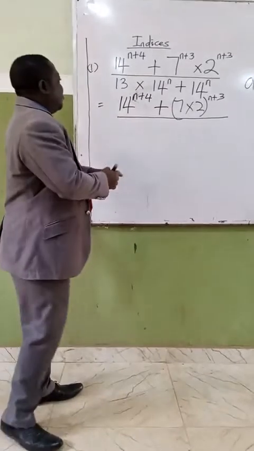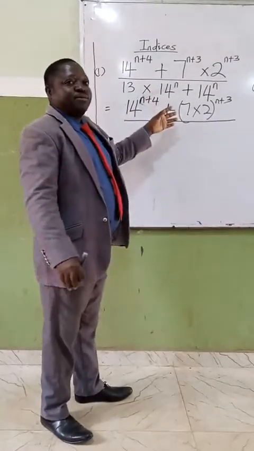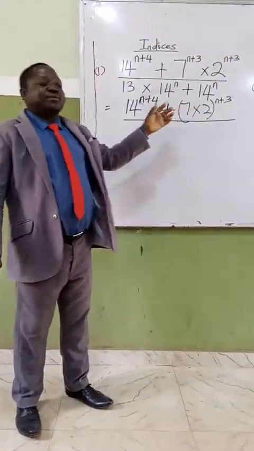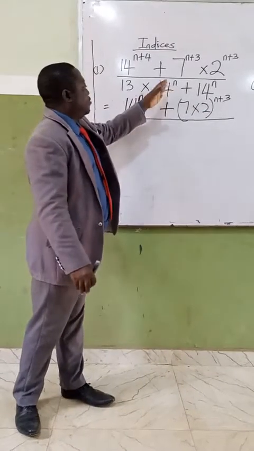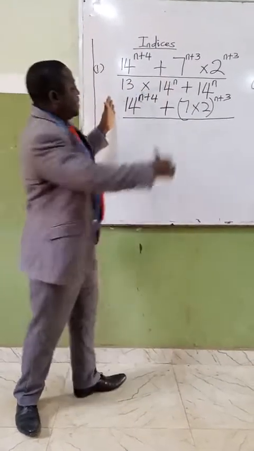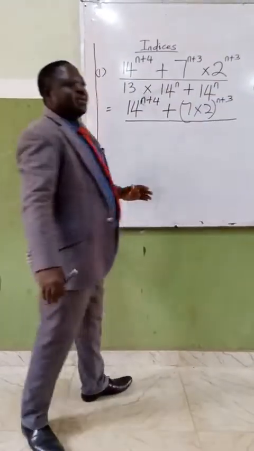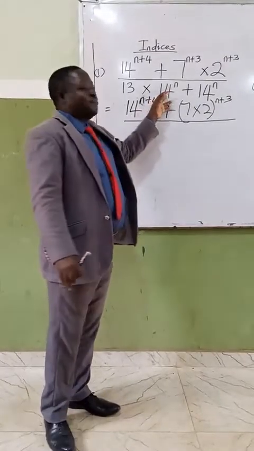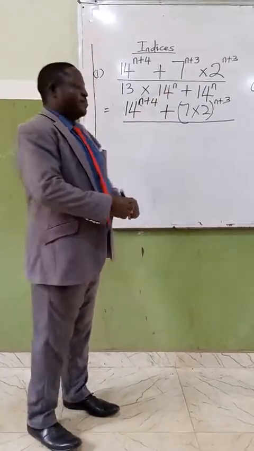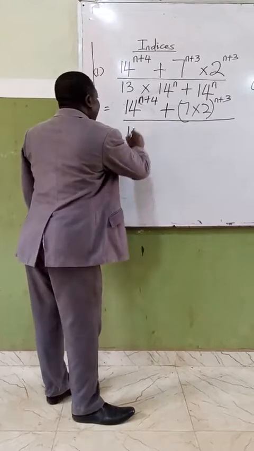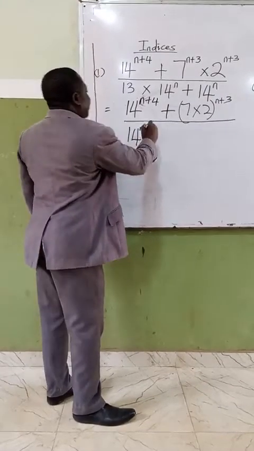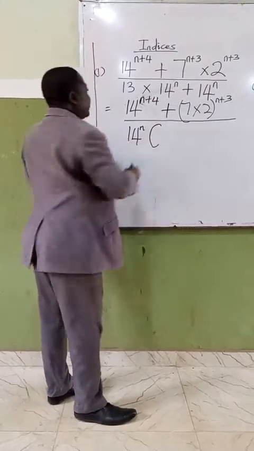Down here we need to factorize. Why do we want to factorize? Because there is a common factor at the left hand side and at the right hand side, and that common factor is 14 raised to power n. Then we write 14 raised to power n as the factor, and we open a bracket.